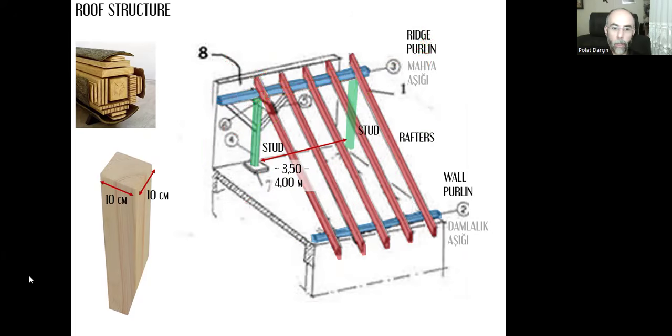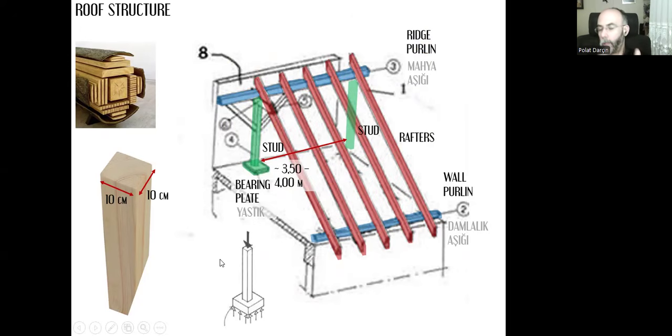Okay, we learned the sizes for a stud, but here you can see that there is a timber piece like a square plate, and that's what we call a bearing plate, yastık in Turkish. It is very similar to the foundation footings that we learned last semester.